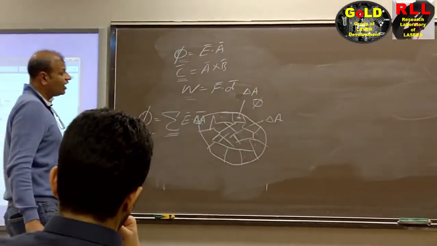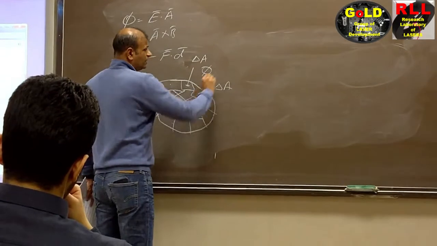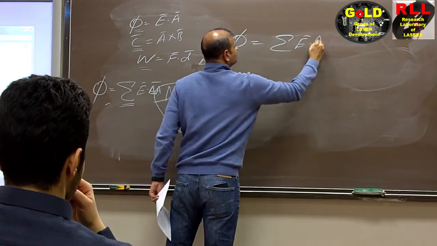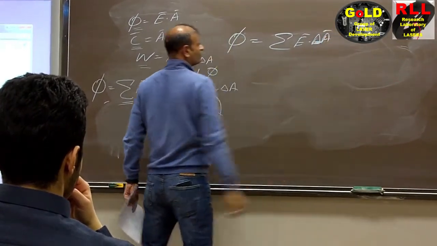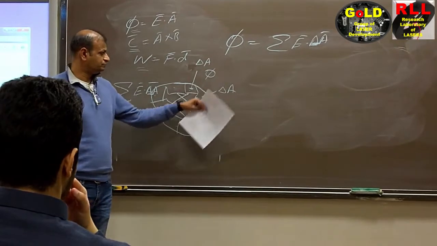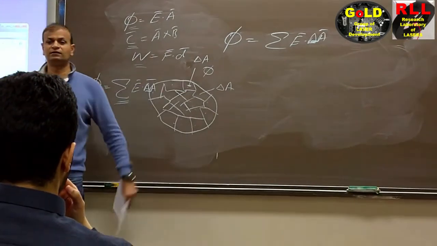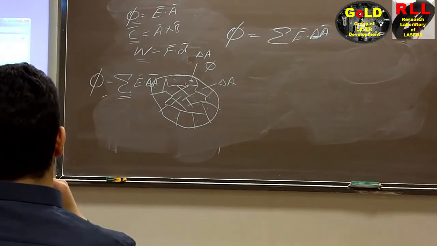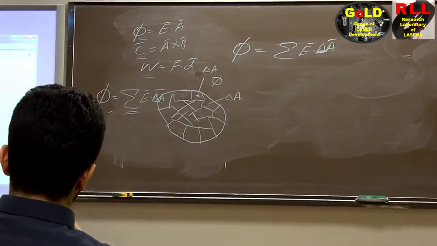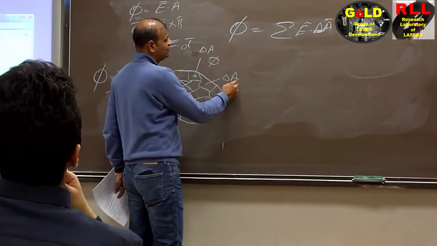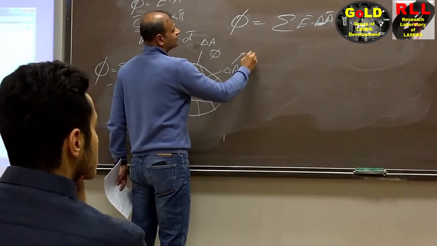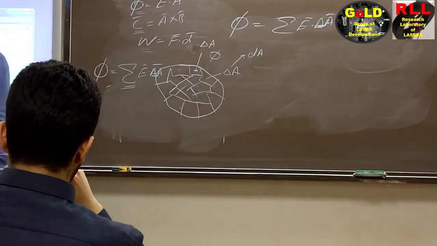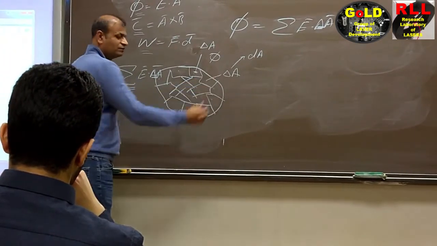Now the equation will be, if this area delta A is getting very small, approaching 0, then this delta A will be replaced by the differential dA. It's a very small area now.